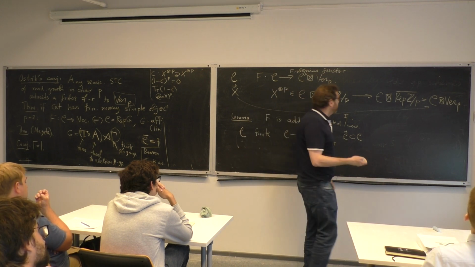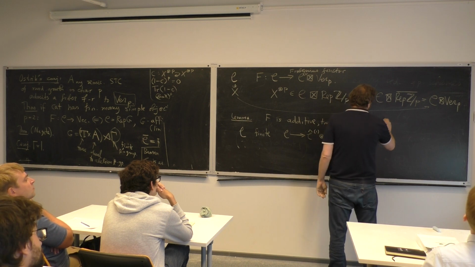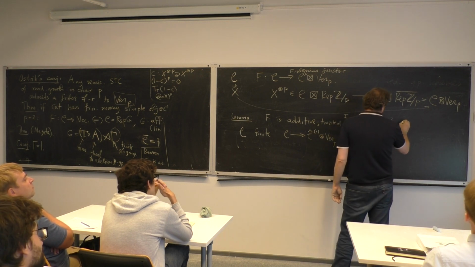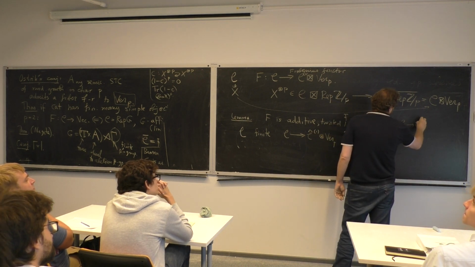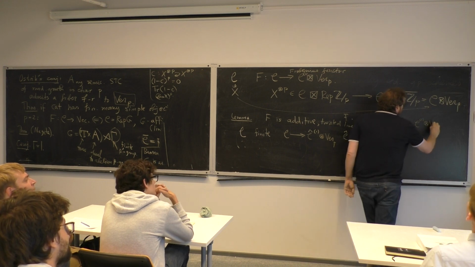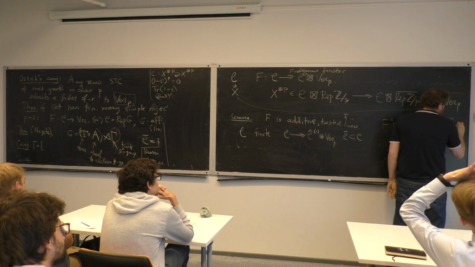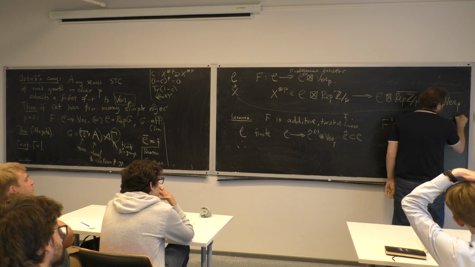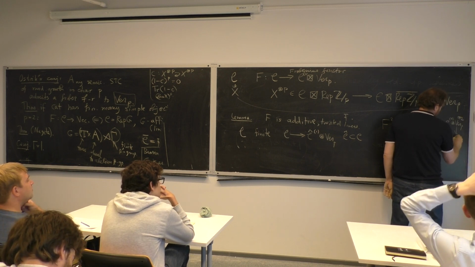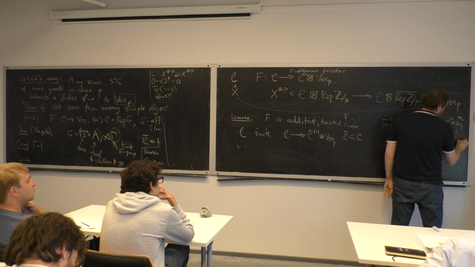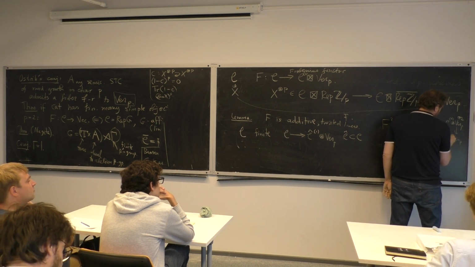And then you can iterate it. So you can define F squared. So you start with C, you go to C^(1) times Vec_p, and then you go to C^(2) times Vec_p squared. But there is a functor from here to Vec_p, which is just tensor multiplication, so you get to C^(2) times Vec_p.